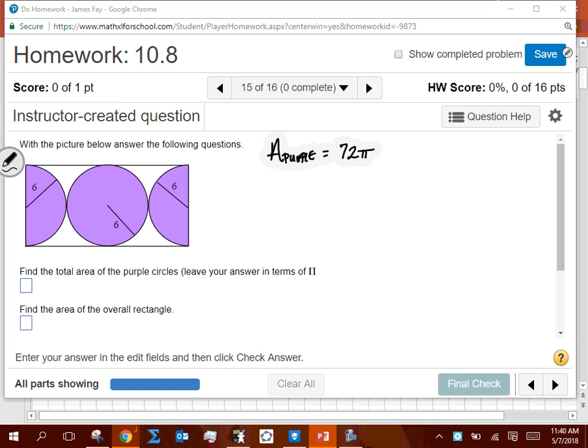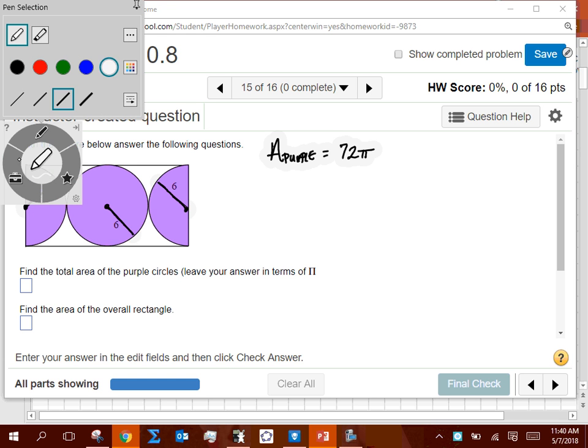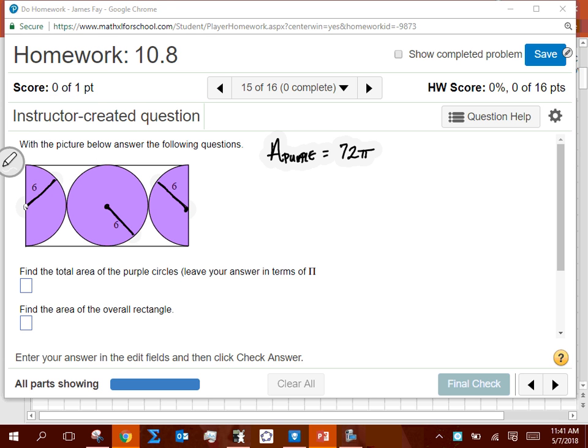All right, so now here's where it gets kind of tricky, is find the area of the rectangle. And it's the reason I made these radii kind of the way I did. Because if I make them in another format, that distance is really easy for you to determine. But would you guys agree that I could take that 6 and put it right there? And then I could put it right there, correct?